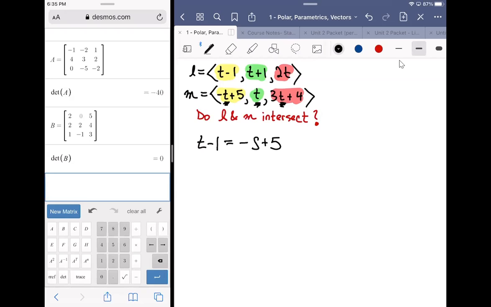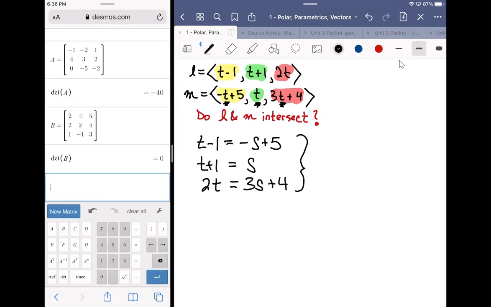This allows us to come up with values in each system that will make them equivalent to one another, but we're not assuming that t means the same thing from one system to another. So then t plus 1 would be equal to s. 2t would be equal to 3s plus 4.